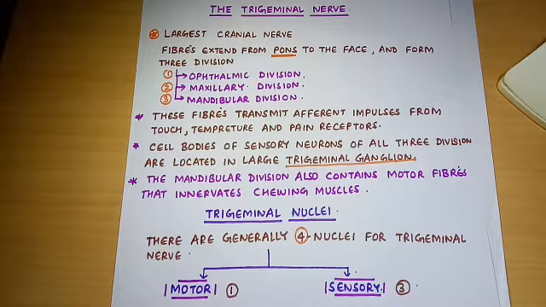In this part of the video, we will be covering the divisions of the trigeminal nerve, which are the ophthalmic division, maxillary division, and the mandibular division. So let's start.